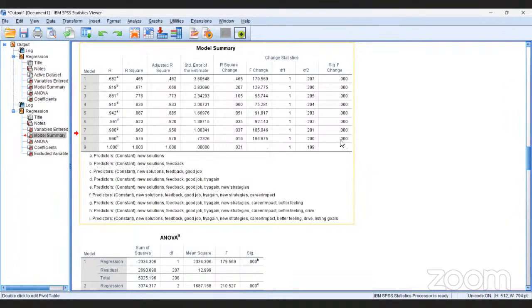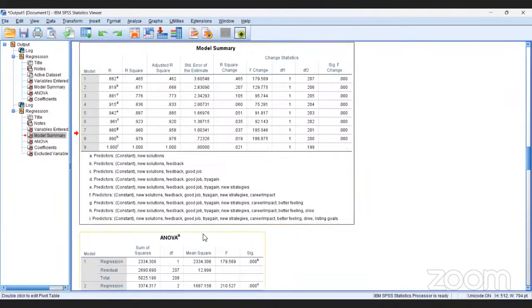So what I have done is the stepwise multiple regression. I am using the stepwise multiple regression. 1, 2, 3, 4, 5, 6, 7, 8, 9. So all the 9 variables are accounted. So what does it mean?